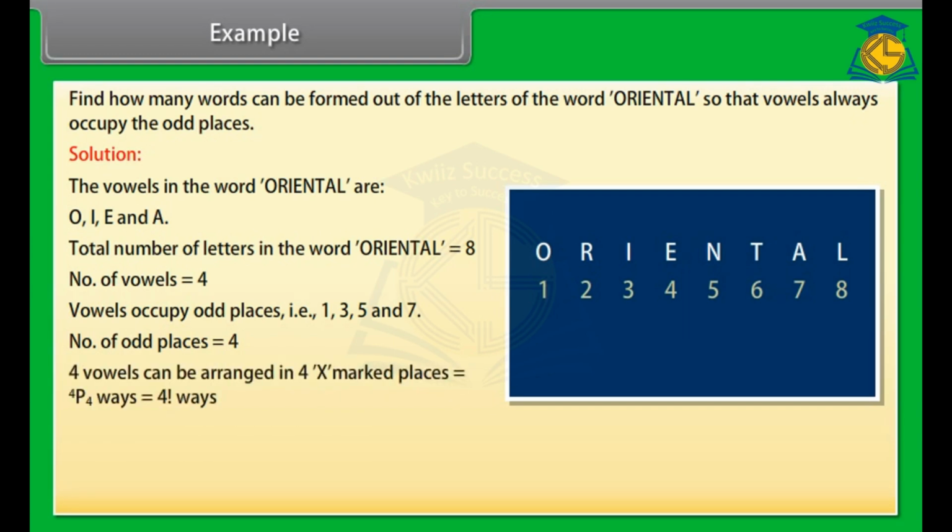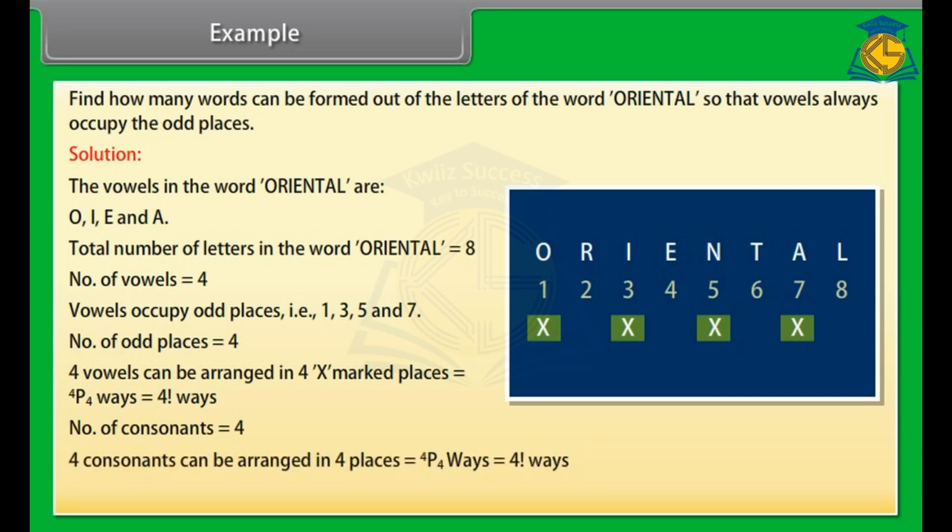4 vowels can be arranged in 4 marked places is equal to 4P4 ways is equal to 4 factorial ways. Number of consonants is equal to 4. 4 consonants can be arranged in 4 places is equal to 4P4 ways is equal to 4 factorial ways.